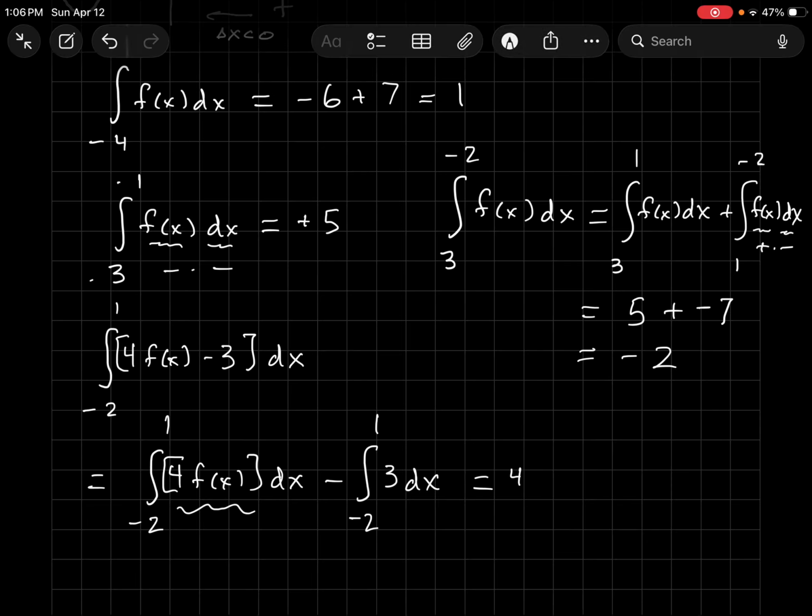Just like with derivatives, we have a constant rule. We can ignore the constant and just bring that outside, which gives the integral from negative 2 to 1 of f of x dx with a 4 multiplied on the outside, minus our second integral, 3 dx. I'll rewrite it for us.